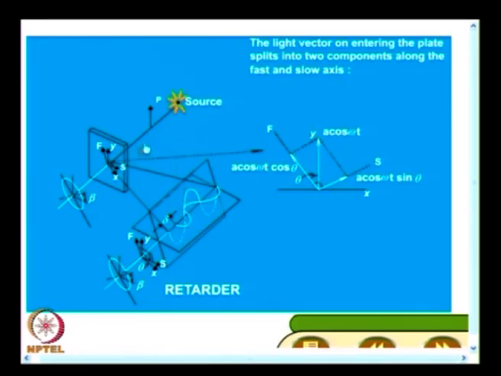So, what we need to do is, if I want to represent this crystal plate, or the model which is loaded and behaves like a crystal, we want to replace this by one matrix which represents the rotation, and another matrix which represents the retardation introduced.